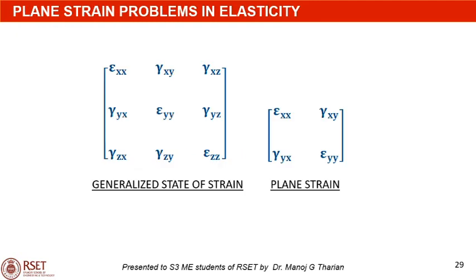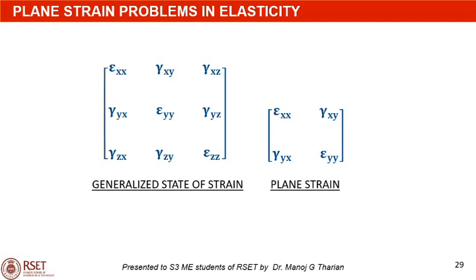Similarly, for the plane strain problems, in the generalized state of strain, epsilon zz is equal to gamma xz equal to gamma yz equal to 0, and the state of strain will get reduced to the matrix as shown here. Here there are only three independent strain components, namely epsilon xx and epsilon yy, which are the linear strain components, and the only shear strain component is gamma xy.